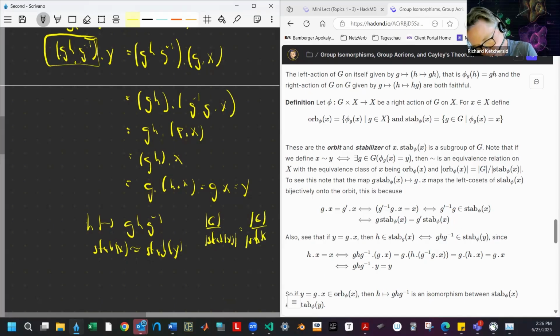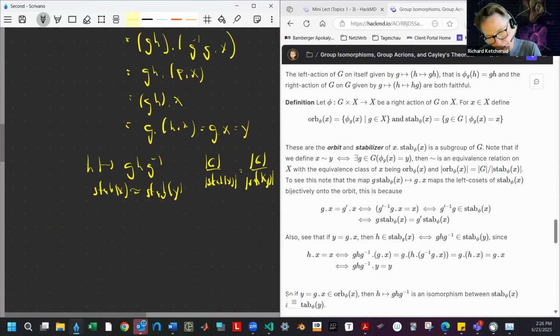Okay, and you can imagine there's lots of counting stuff that happens here. So we know that x is now broken up into these orbits, so the size of x will be the sum of the size of the orbits. I can't just range over x because I don't want to double count things. I just want to throw the orbits in once.